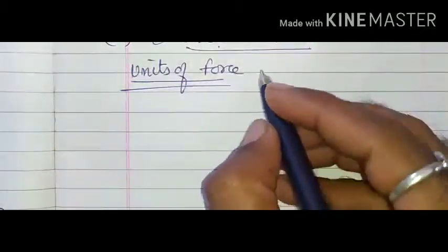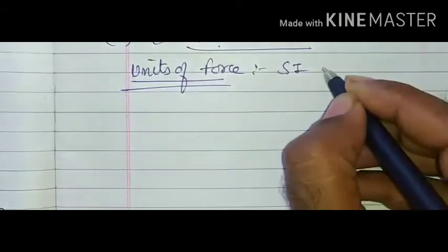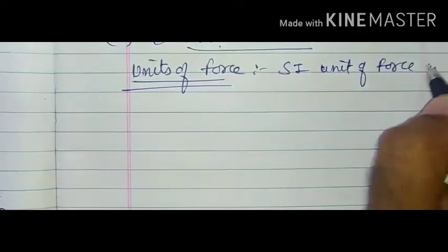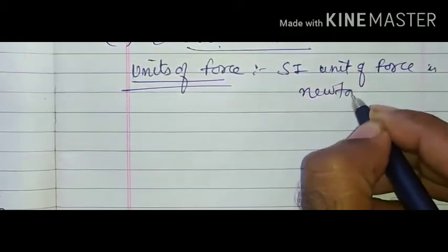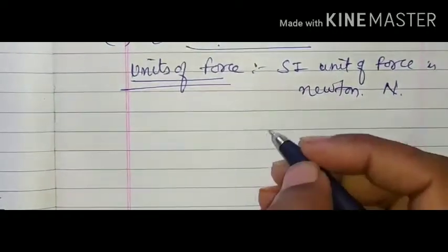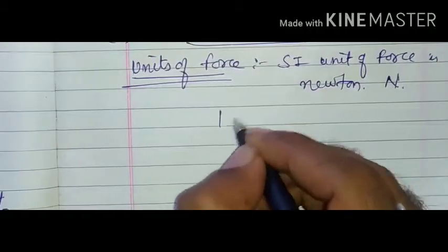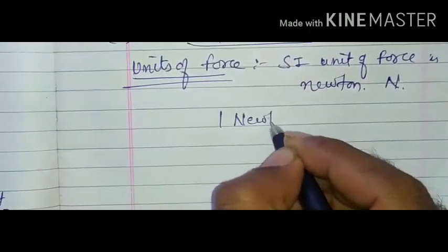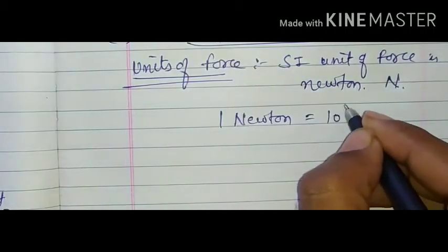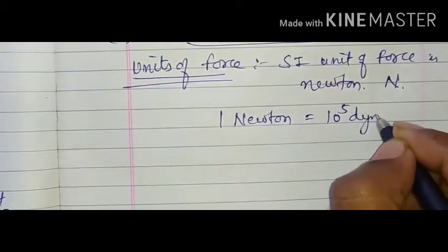Now, units of force. The SI unit of force is Newton, and the symbol is N. 1 Newton is equal to 10 raised to 5 dynes.